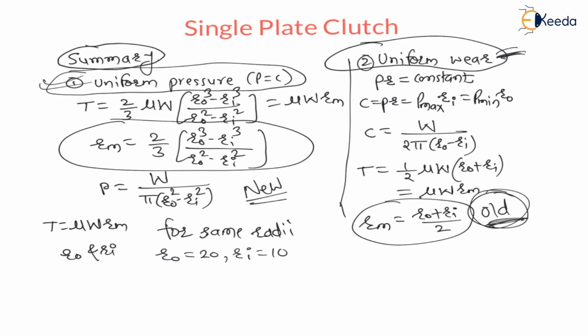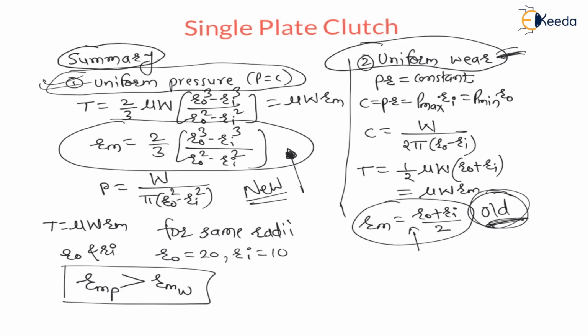By putting Ro and Ri in the mean radius as per uniform pressure theory and in the mean radius as per uniform wear theory, you calculate the values. Then by calculation you will find that the mean radius as per uniform pressure theory is always more than the mean radius as per uniform wear theory. This will be the relation always for the same radii.